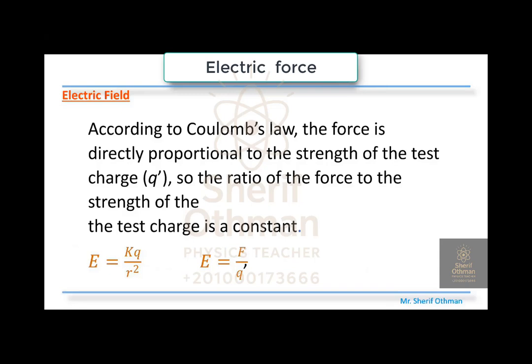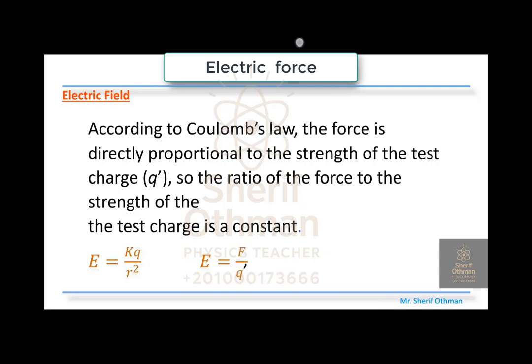According to Coulomb's law, the force is directly proportional to the strength of the test charge Q dash, so the ratio of the force to that strength will be like this: E is equal to F over Q dash. E is the ratio of the force applied by the main charge to the small charge.